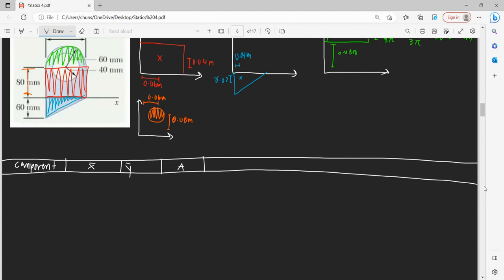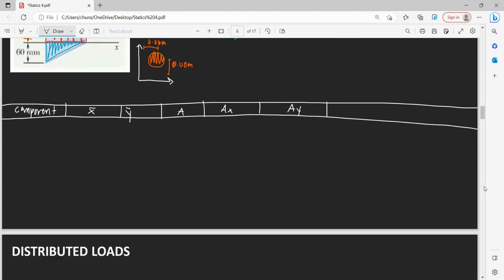We need an area of each component, and then our area of x and area of y of each component. And I think that's it for now.